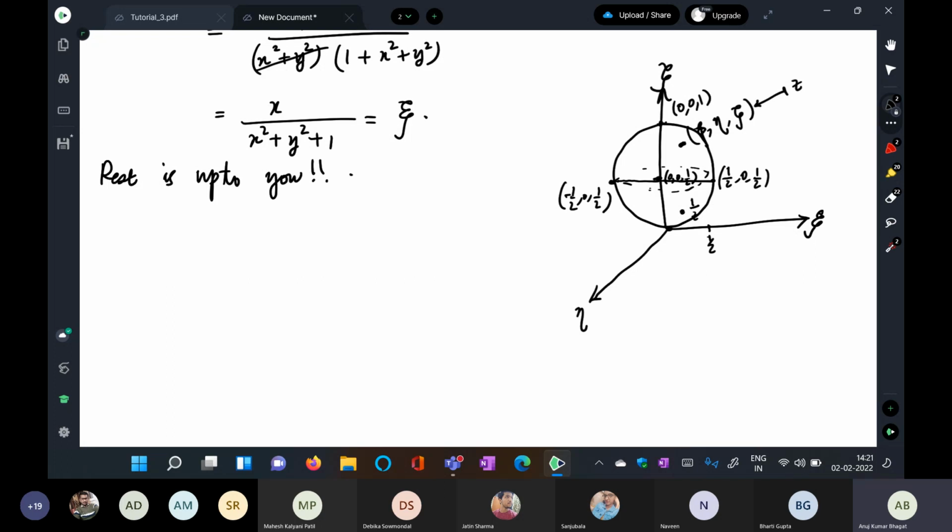So I can actually bring this diameter here, and it will be coincident with the z-axis. It is just the shifting of the z-axis by half. If I take any point here and add half to that point, I'll reach this line. So this is what you have to see.